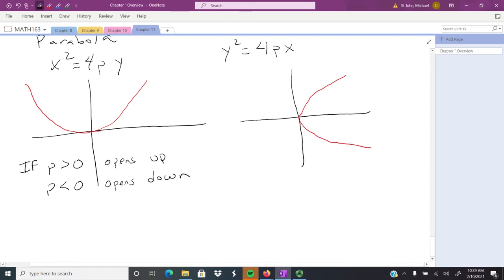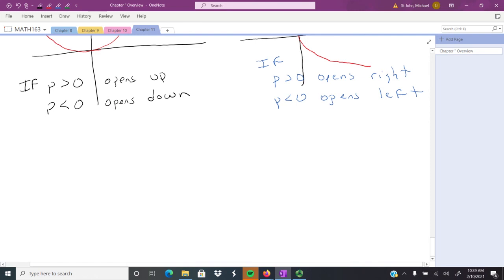And then over here, if p is greater than 0, it opens right, and if p is less than 0, it opens left. So that's in terms of our parabola, so we have something like this.